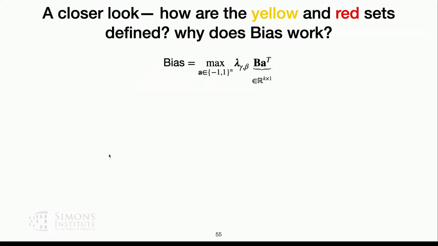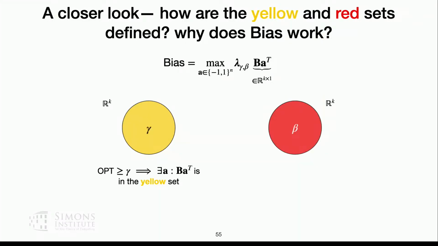So we defined some yellow and red sets before and said that when they are separated, you can use bias to distinguish the instances, else you cannot. So the thing is that these yellow and red sets are defined in the following way. These are in k-dimensional space, where k is the arity of the constraint satisfaction problem.